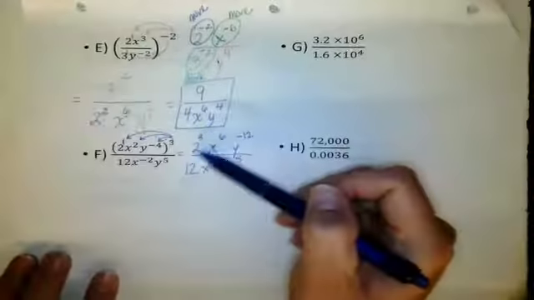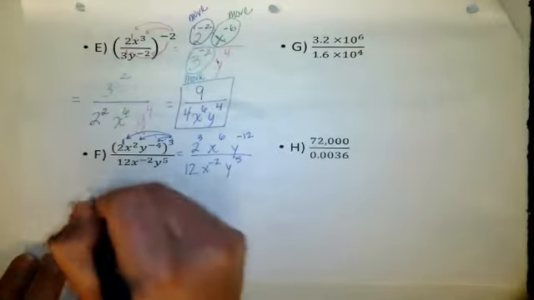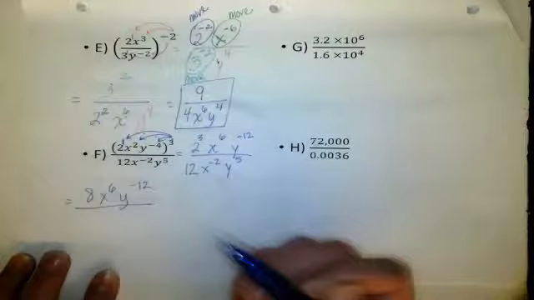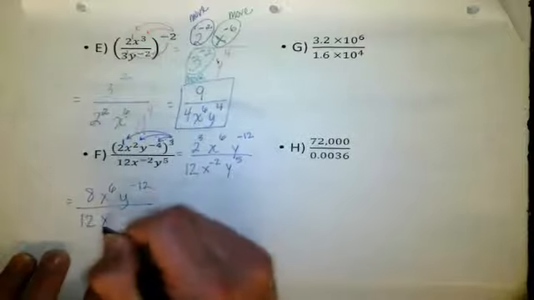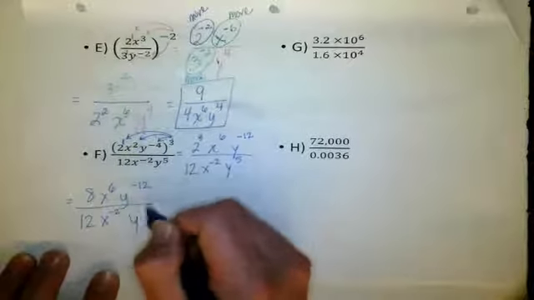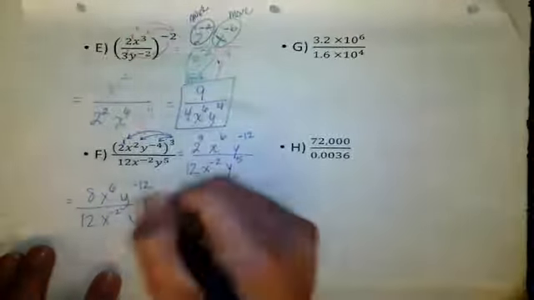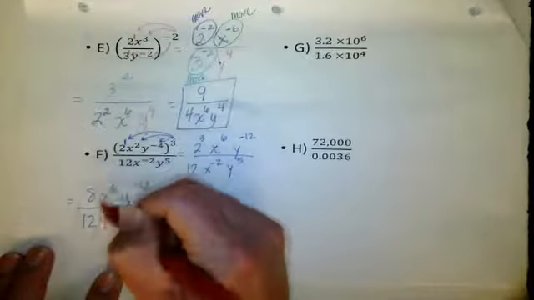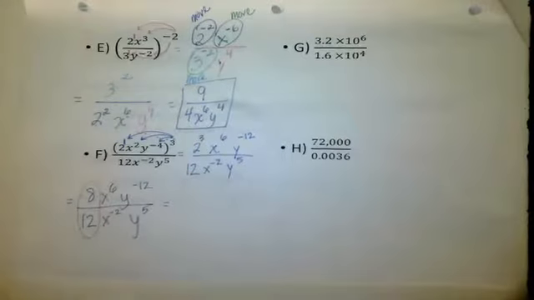So I can do a little bit of cleanup here. 2 cubed is 8. X to the 6th, y to the negative 12 over 12, x to the negative 2, y to the 5th. All right, now we can do some real cleanup here. I got numbers, I got a fraction. What can I do with 8 over 12?